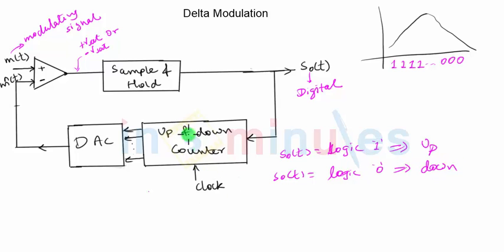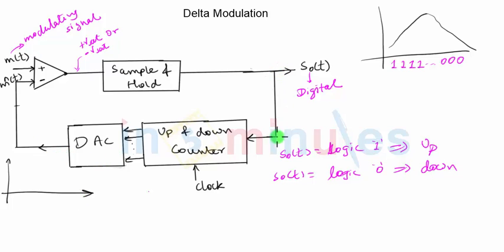The clock is continuously provided to the counter. Output of the counter, which is a digital value, is given to the digital to analog converter. Output of the digital to analog converter will be nothing but the signal m cap t, which is compared with m of t.